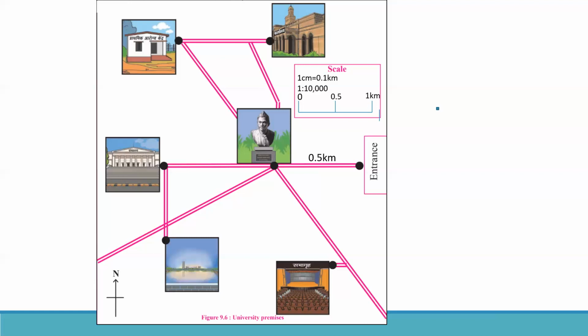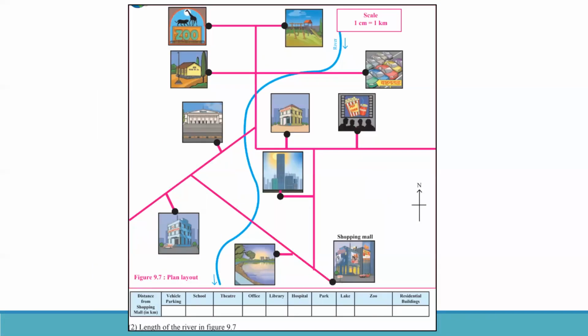That's all you have to do, children. As an assignment, you can do this. Then you have lake to the library, 6 places. I did 1 with you. Similar plan is given. The next image will show you another plan layout, that is figure 9.7.